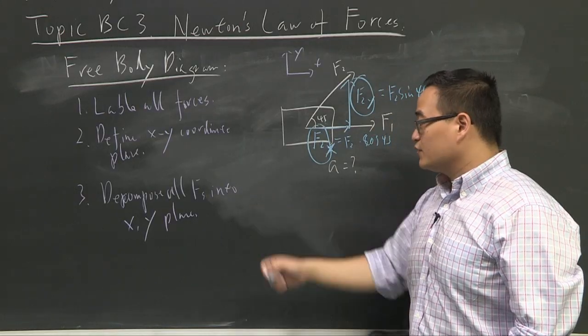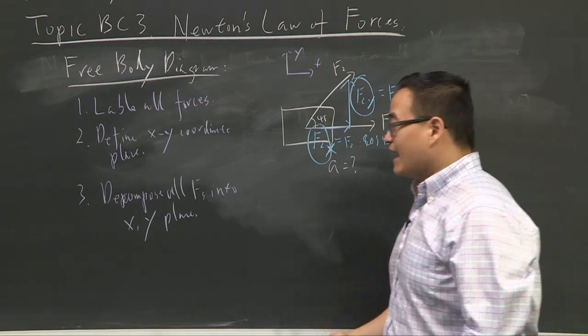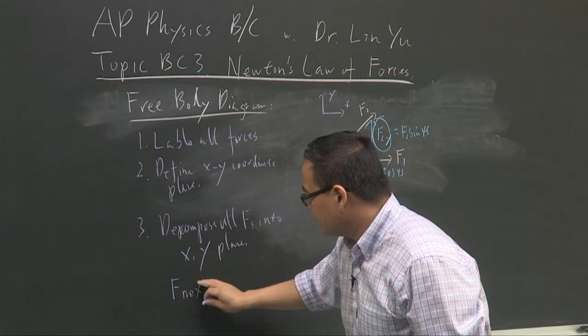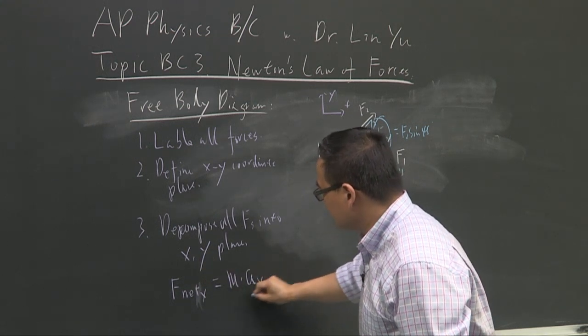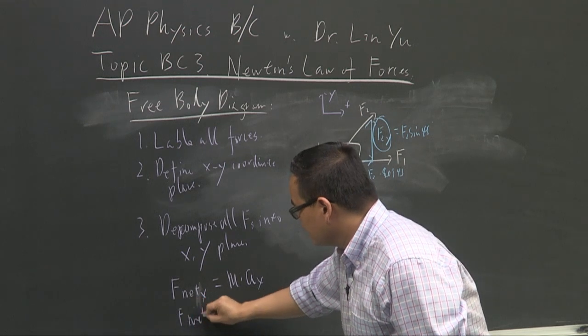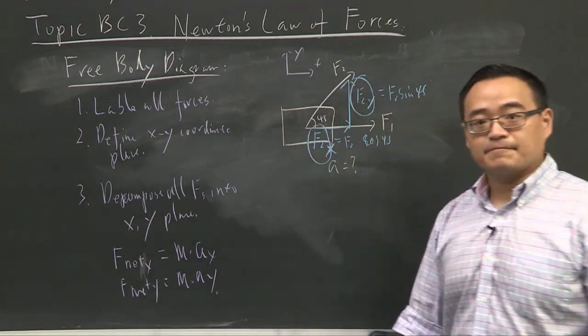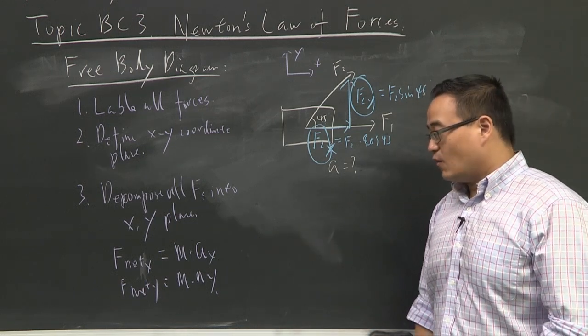You decompose all the forces into the xy plane, and then you can write 2 expressions: F net of x is equal to mass times ax, and F net of y is mass times ay.